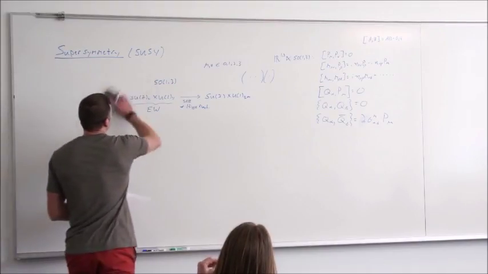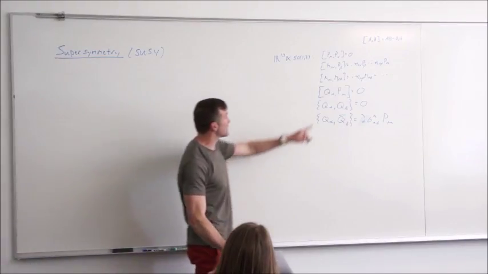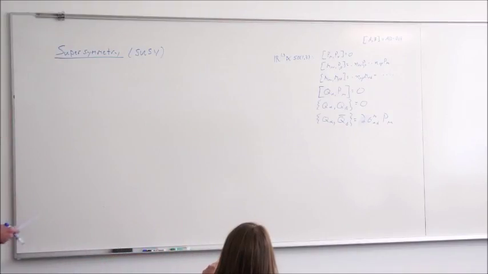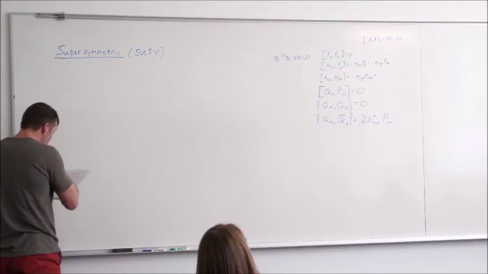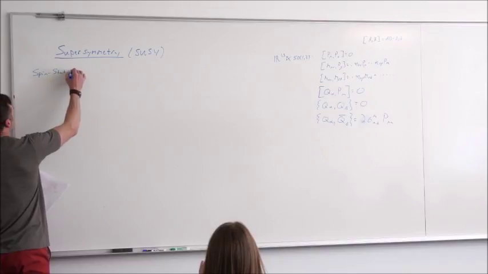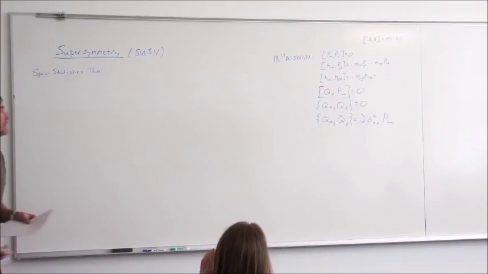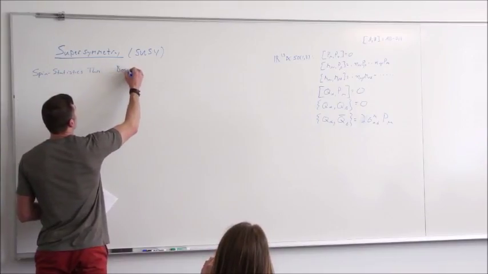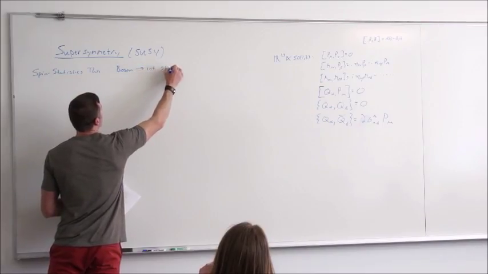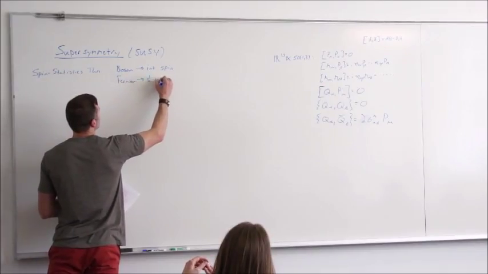now, there are some really interesting consequences of the fact that these new transformations are generated by spinors instead of the more familiar tensors that we see in space-time transformations. So one of them is that we know from the spin statistics theorem that a boson is an integer spin particle, and a fermion is a particle with some half integer spin.